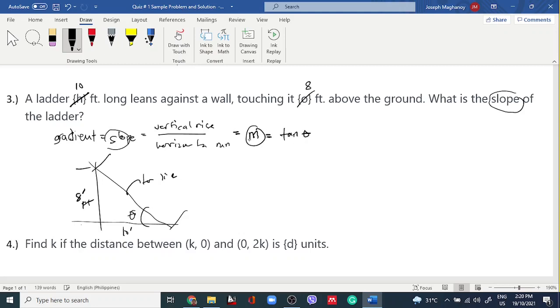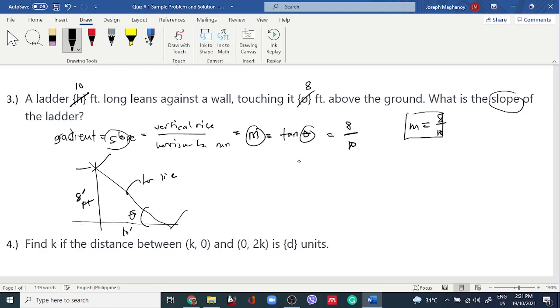But what is M? M is equal to the vertical rise over the horizontal run. So in this case, our M is equal to the vertical rise 8 over the horizontal run 10. So that is your M for this problem, 8 over 10.